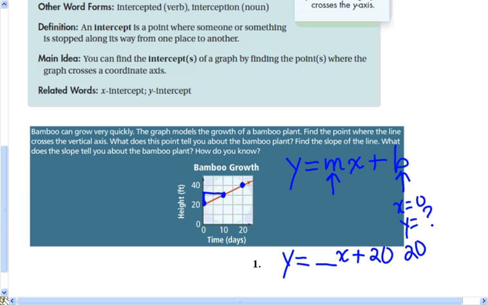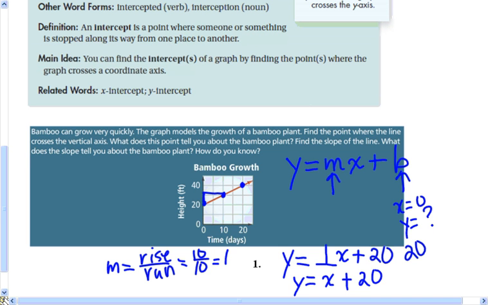And if you remember, slope, we use the letter m for that, is rise divided by run on a graph. The rise here is 10, and the run is 10, so the slope is 1. So we need to multiply 1 times x plus 20, and 1 times x we would just write as x plus 20. So the basic linear equation we can write by just multiplying something times x and adding the y-intercept.